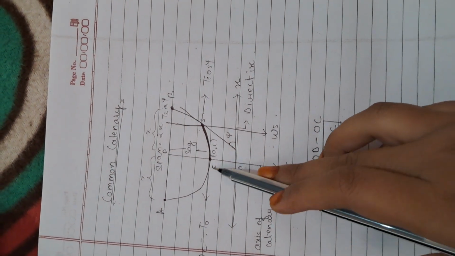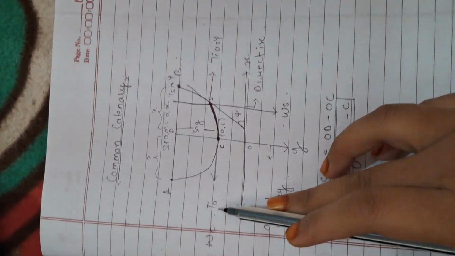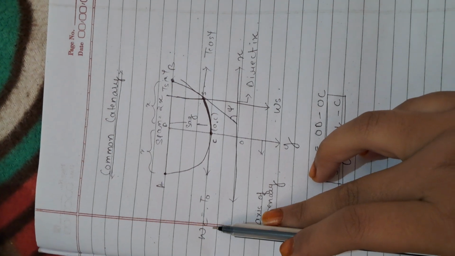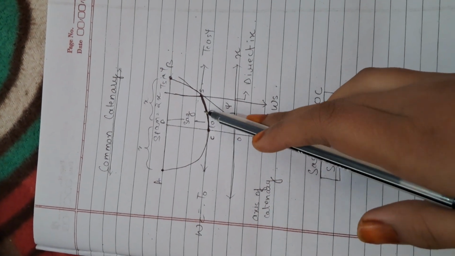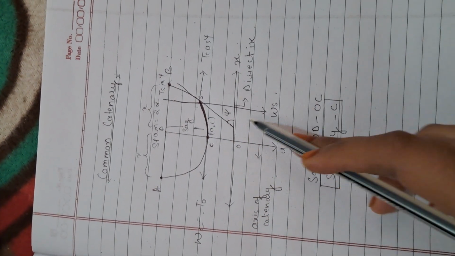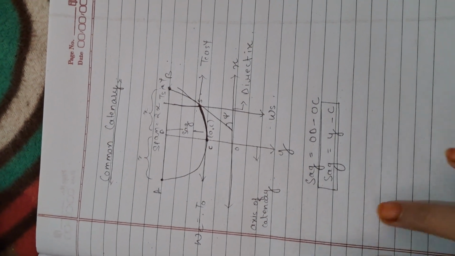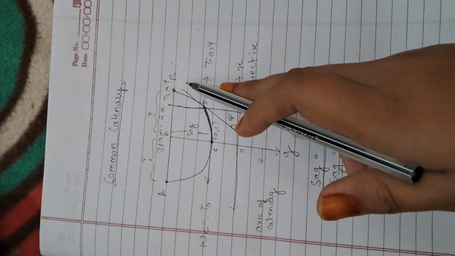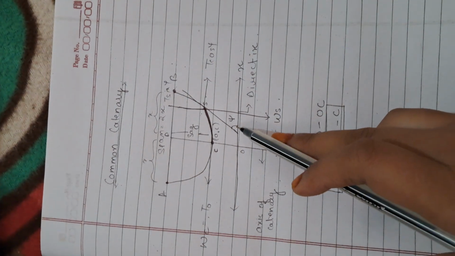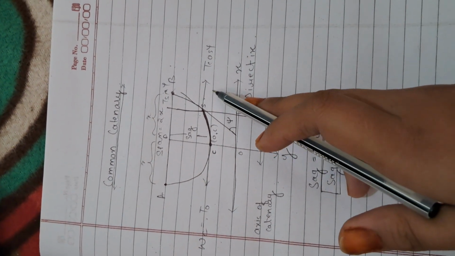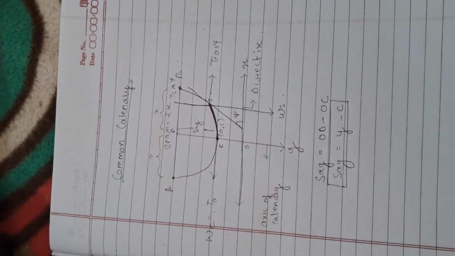At point C the tension is T0, equal to weight WC, and at point S due to the arc CS a weight WS is acting. We have taken a tangent at angle psi and broken it into two components, T cos psi and T sin psi.